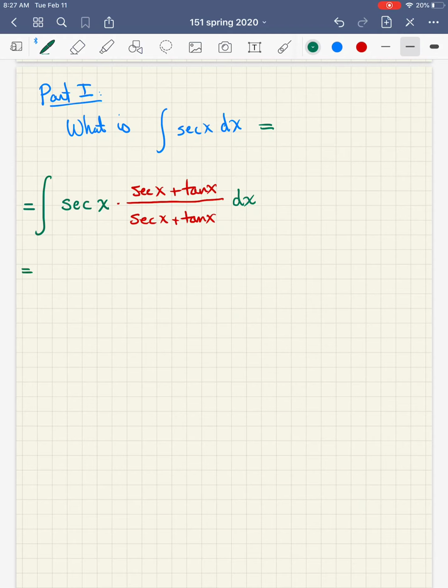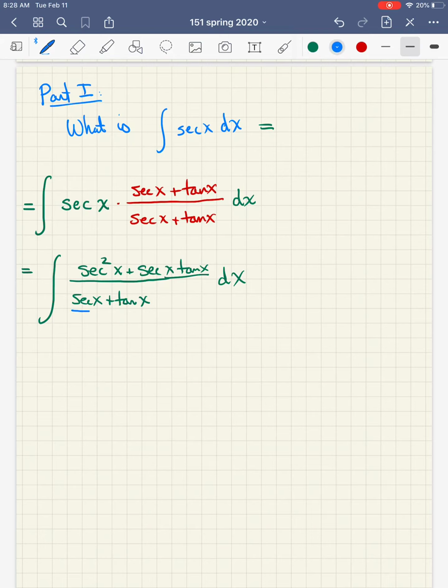If we simplify it, let's do it all in green now. On the denominator, I'm going to get secant plus tangent. And then on the top, I get secant squared plus secant times tangent. And it looks like I've made it much, much more complicated.